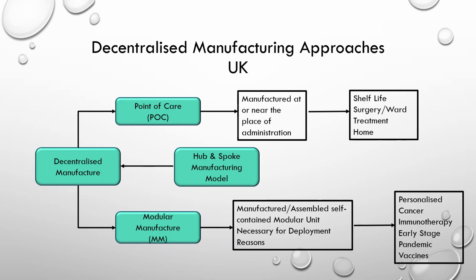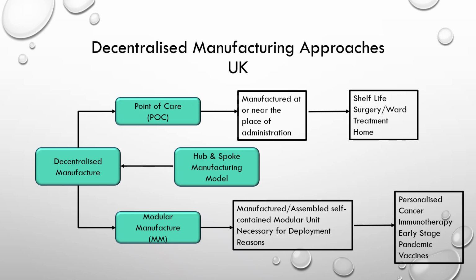So modular manufacture is crucial again for enabling faster deployment of products, but it's a much more structured approach. Also, it can be useful with regards to pandemic vaccines where regional manufacturing might be limited. So it could be crucial in those cases.